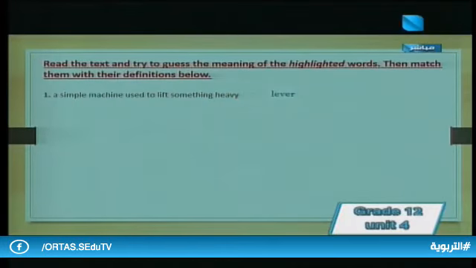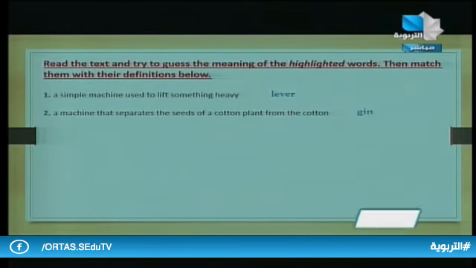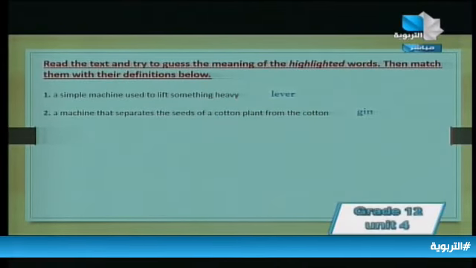The first one, a simple machine used to lift something heavy. This is related to lever. Good. The next one, number 2, a machine that separates the seeds of a cotton plant from the cotton, and this is gin. So a gin is a machine that separates the seeds of a cotton plant from the cotton itself.